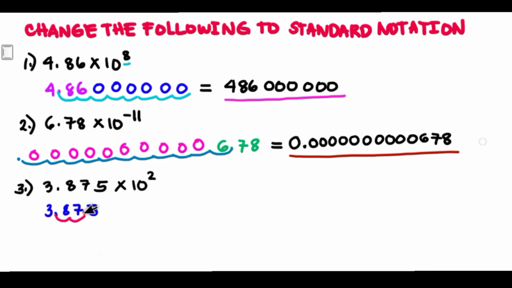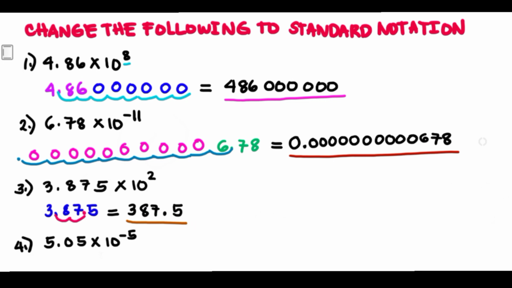Nalipat na po rito yung decimal point. Hindi po tayo magpupuno ng 0 kasi wala naman pong space para sa 0. So, 387.5. So, the standard notation for 3.875 times 10 raised to 2 is 387 and 5 tenths.